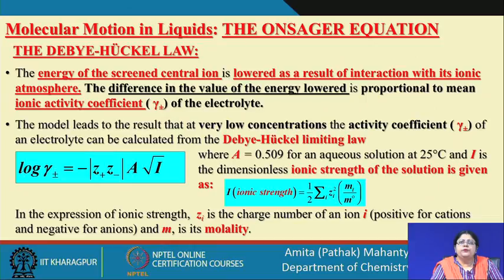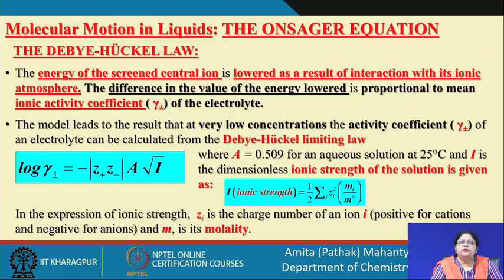I am not discussing the Debye-Huckel theory in detail, but I am just giving you the gist so that we can proceed to the modifications we have in the Debye-Huckel-Onsager equation.